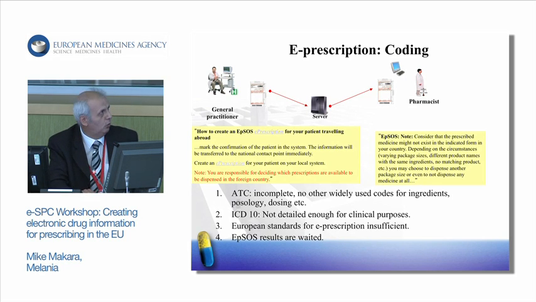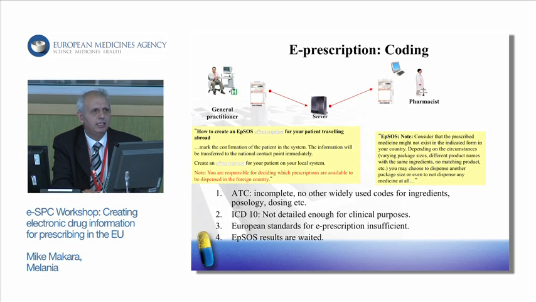What we use now is ATC, which is incomplete. It was originally designed for utilization purposes, not scientific purposes, not e-prescription. It's not detailed enough. ICD-10 is also not detailed enough. There are no levels of the disease, often no stages of the disease, and so on.